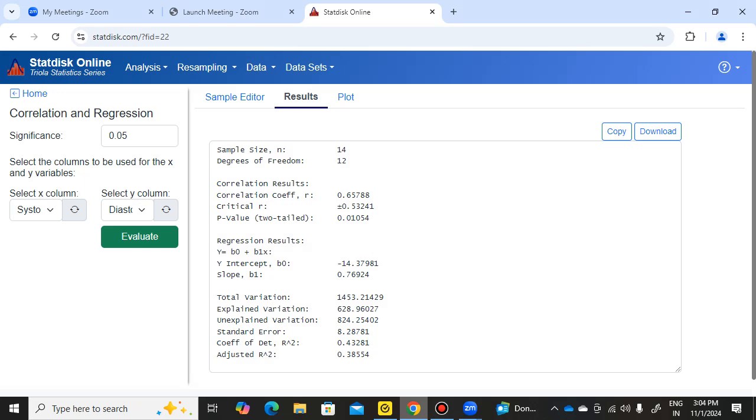So for the regression, we can write this as the diastolic equals the slope, which is 0.769, times the systolic minus 14.38.